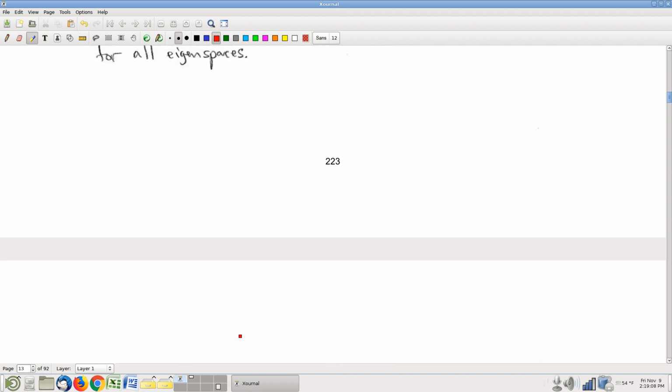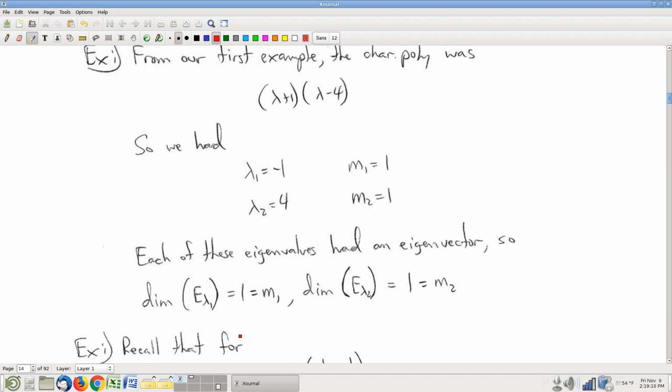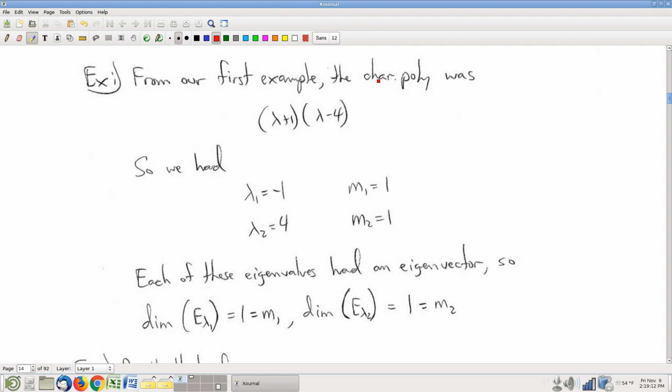Okay, so a couple of quick examples. Recall the first matrix we talked about, the characteristic polynomial was like this. Those multiplicities there are both 1. So what we need, fingers crossed, in order for that matrix to be diagonalizable, for the first eigenvalue, I'd better get 1 eigenvector.